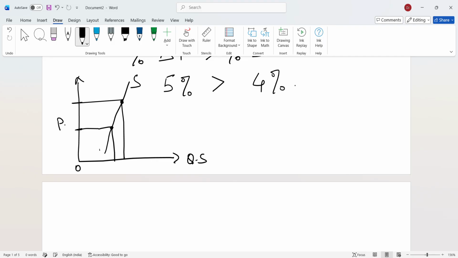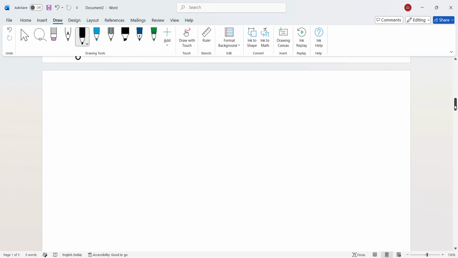This change is larger than this change. So you really have to understand the shape of the supply curve and what it means when I say that the supply is inelastic, elastic, perfectly elastic, unit elastic, and the fifth one that I'll be talking of is perfectly inelastic.